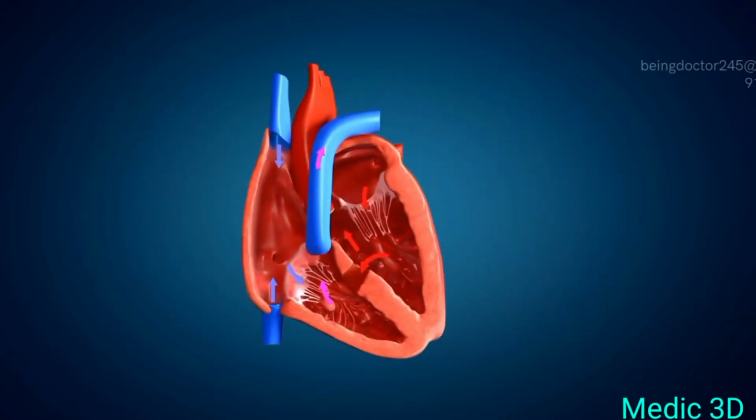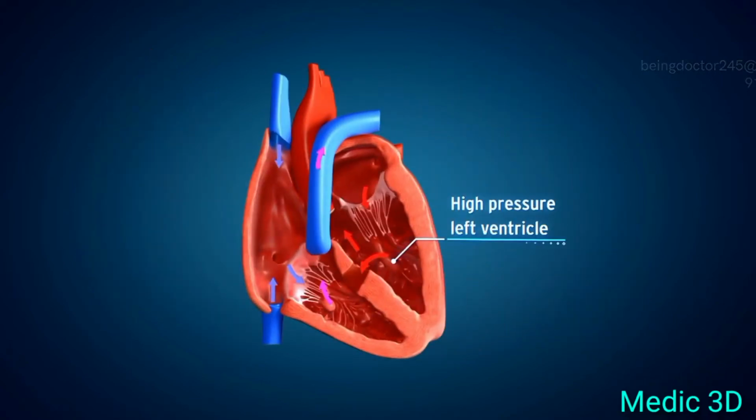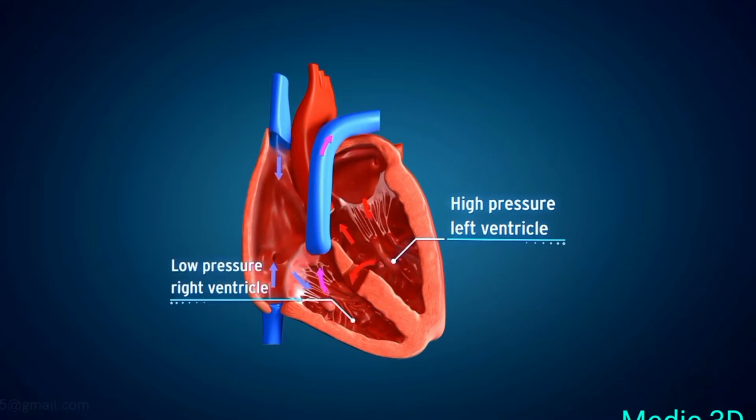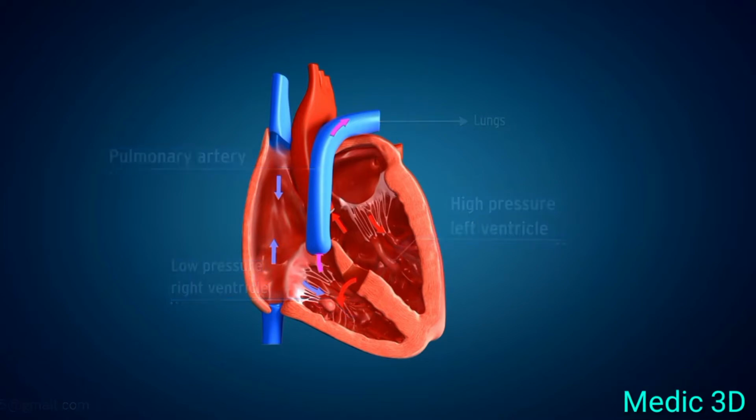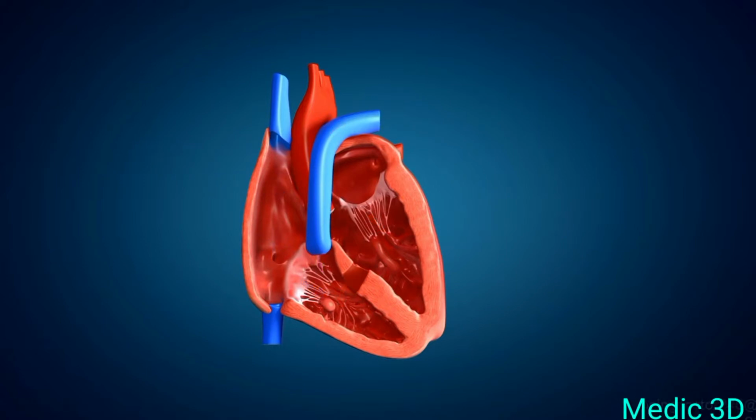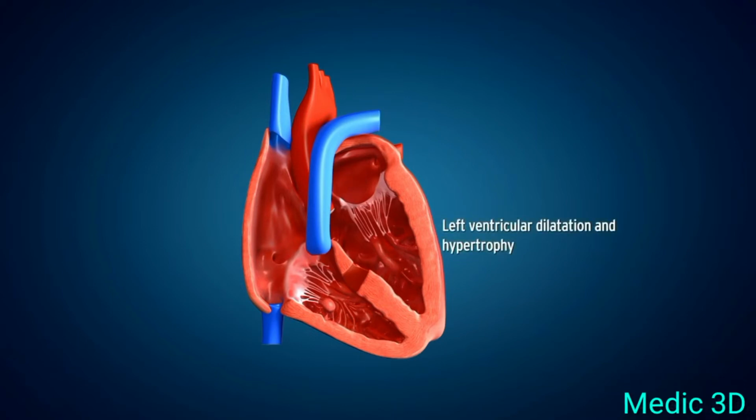The oxygenated blood flows from high pressure left ventricle to low pressure right ventricle, resulting in extra pressure to pulmonary artery and therefore to lungs. This leads to an increase in pulmonary venous return to the left atrium and then to the left ventricle, resulting in left ventricular dilatation and hypertrophy.